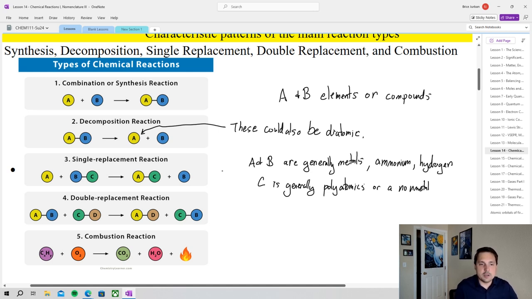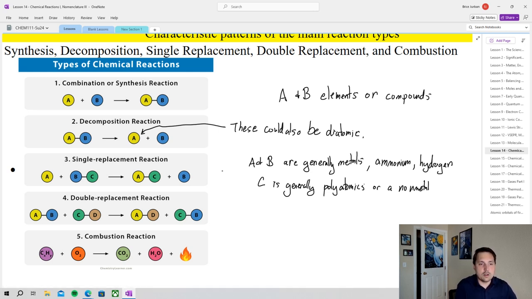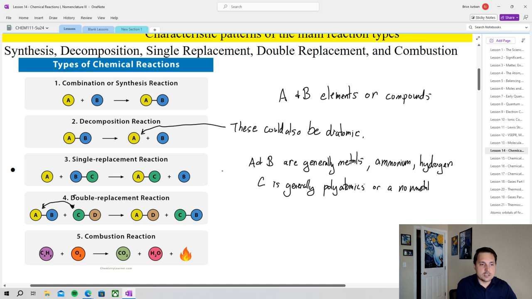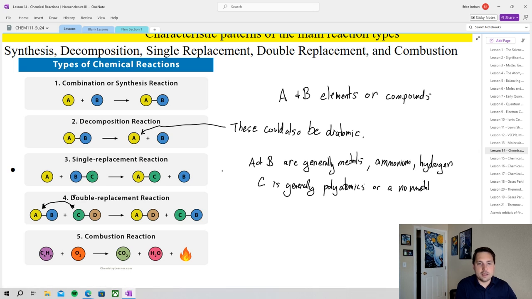And then double replacement is where instead of just switching one, we displace 2 different metals. And we can see that, like in this situation, A and C just change partners here. So we form a compound between A and D and B and C. And we'll note that we're going to keep the names of the compounds where the metal is always first, and then the latter part is always the nonmetal or the anion.